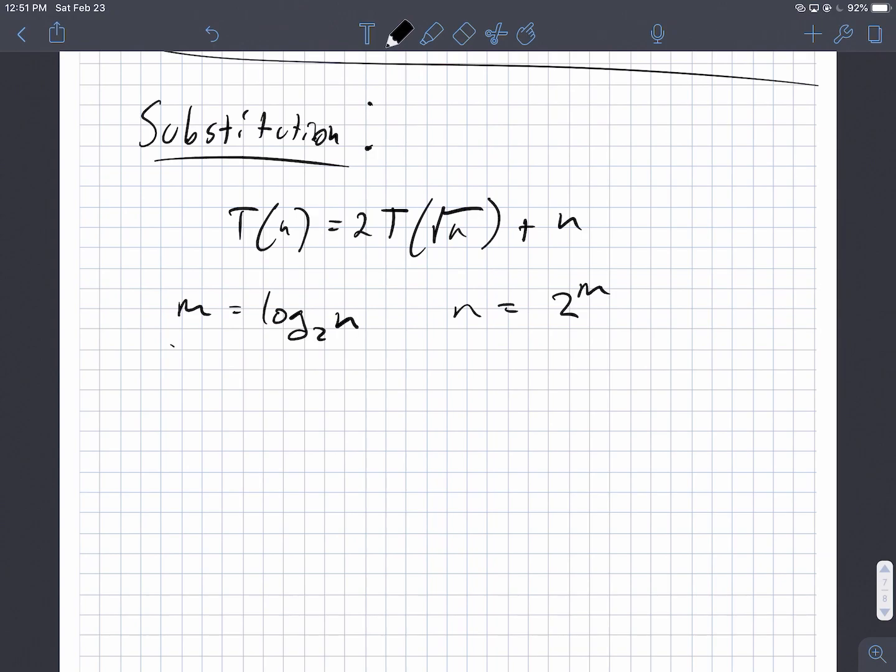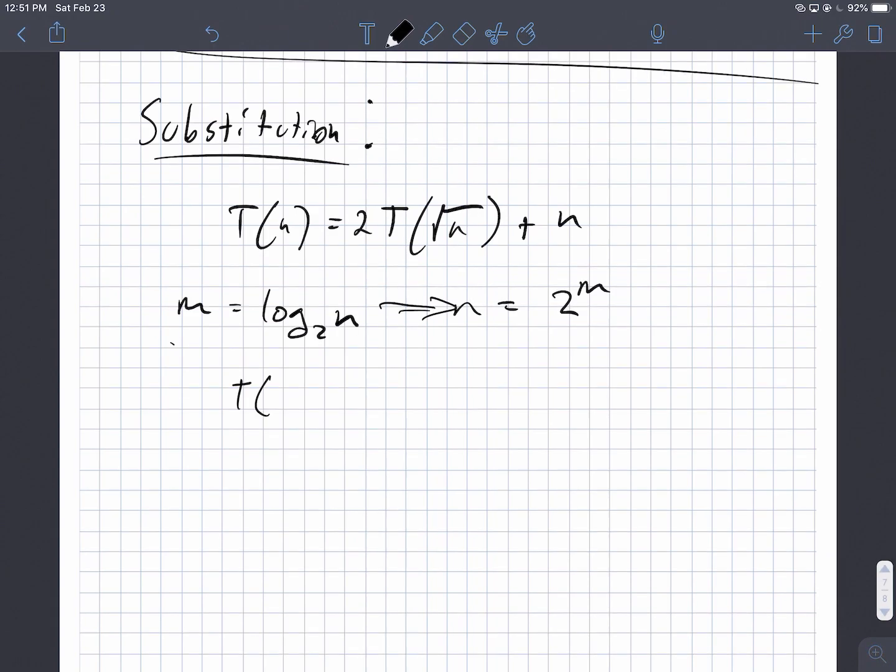So when I substitute, I get 2T of the square root of 2 to the m, plus n. And n in this case is just 2 to the m. So that's still pretty nasty, but luckily I'm going to define something.